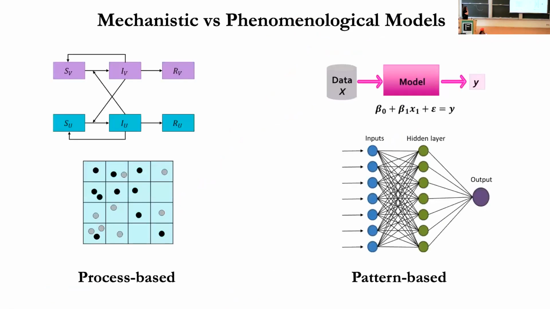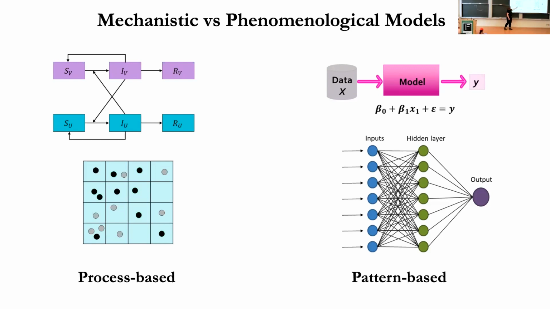So often you've probably seen examples of mechanistic and phenomenological models, or descriptive models, in classes or in your work. We have process-based mechanistic models, like this variant of the SIR model for infectious disease.